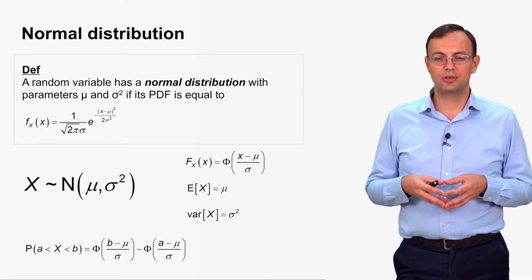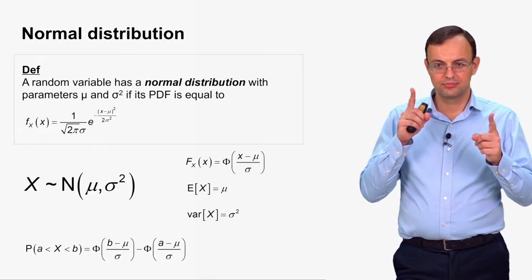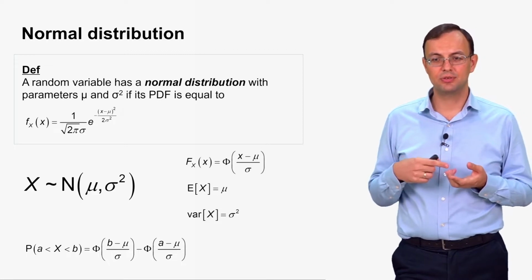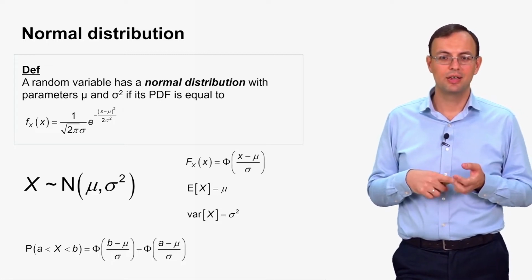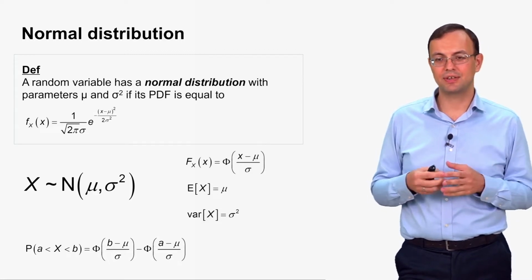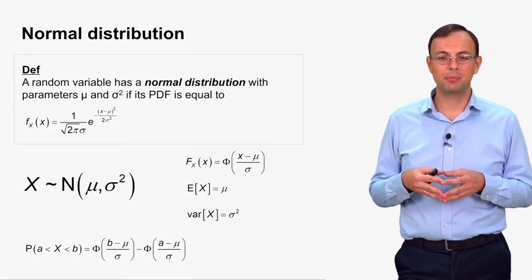So you need to know the borders of your interval of interest, you need to know parameters mu and sigma, and you need to have a table of values of this function to find probabilities of this kind.